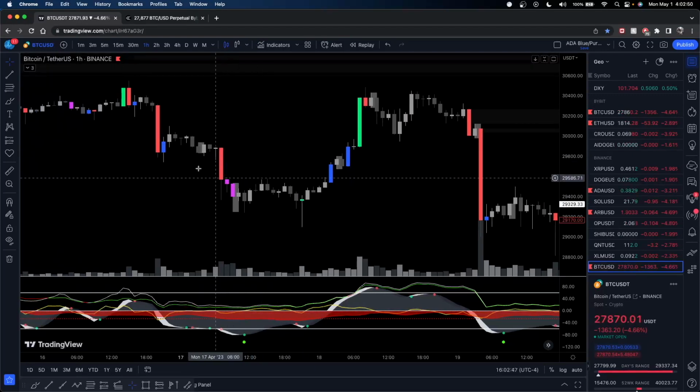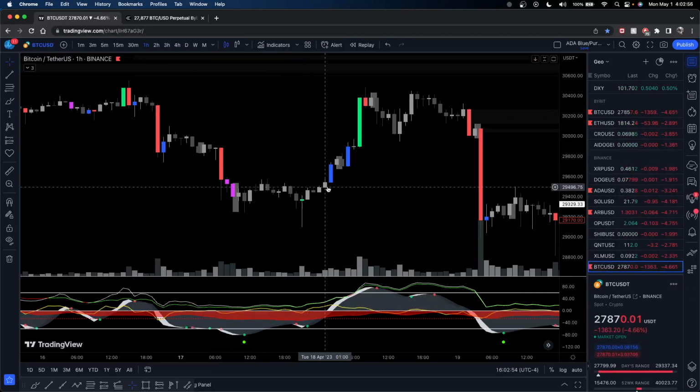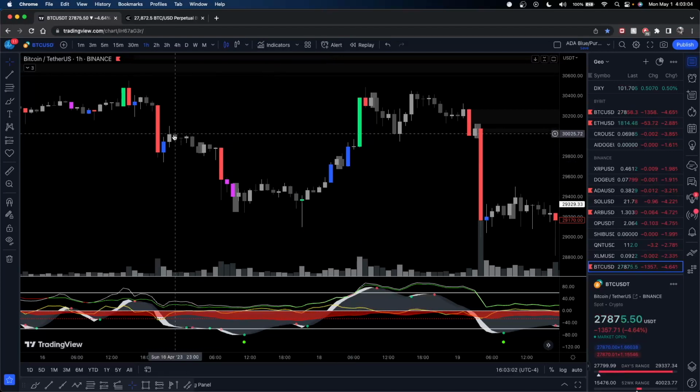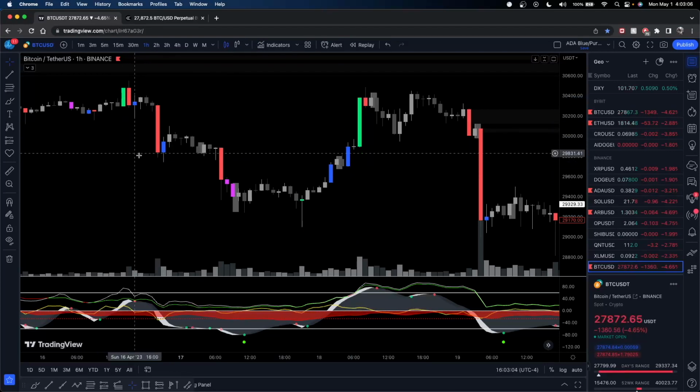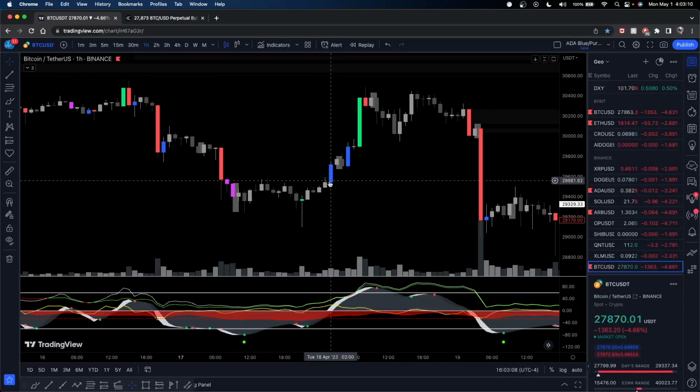So here, where we have a blue candle, volume is starting to slow down, tick volume, that is. Here, we don't have many vectors, which means here, tick volume is starting to increase, even though they're both blue candles. You need to look at it relative to the previous candles. So here it's slowing down, here it's speeding up.